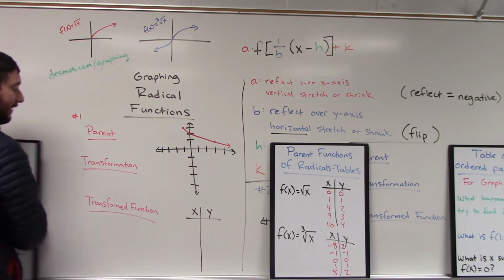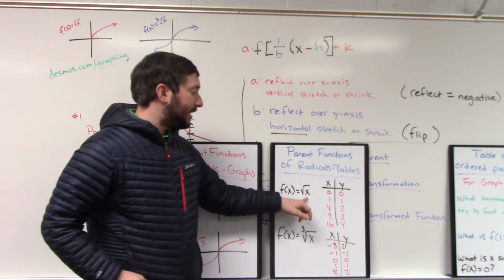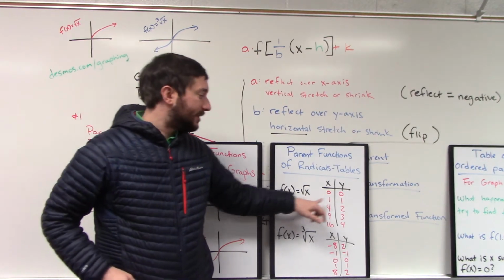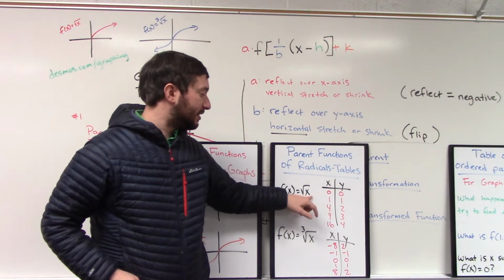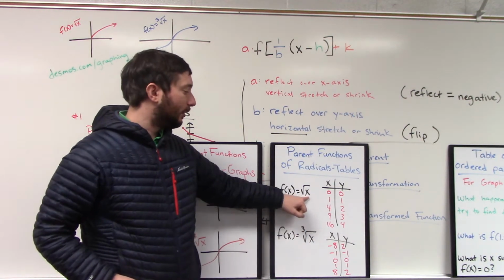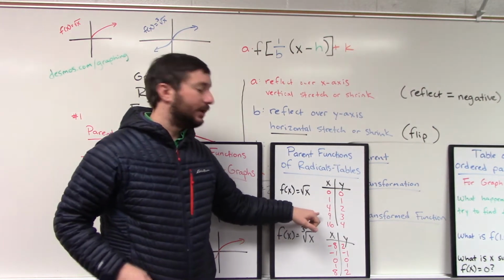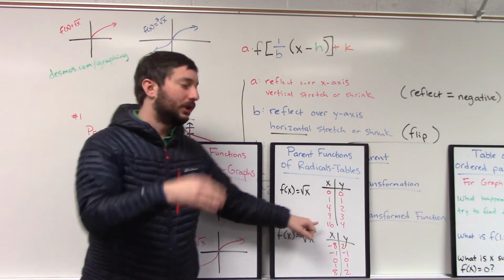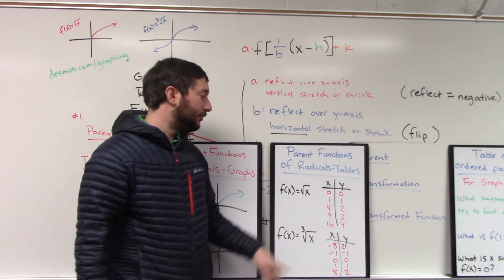Actually, if I bring this graph back over here quickly. If I plug 0 into x, the square root of 0 is just 0. If I plug 1 into x, the square root of 1 is 1. If I plug 4 into x, the square root of 4 is 2. These are all coordinates, x comma y, that should show up on our square root graph, and indeed they do.